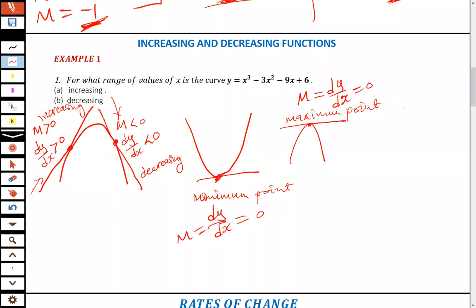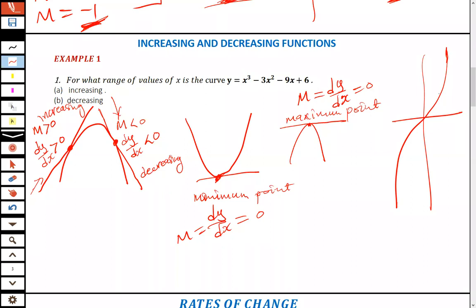We also have another type of stationary point, which we are going to discuss at the end. I'm sure there are questions there. It looks like this. This is neither a maximum nor a minimum.